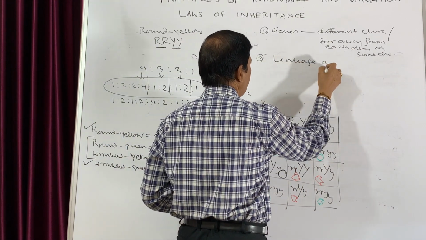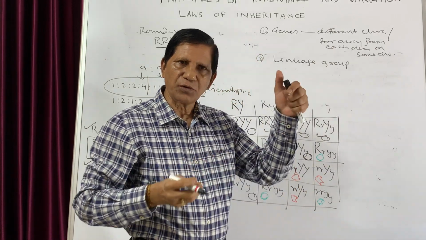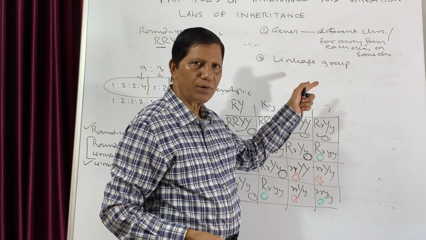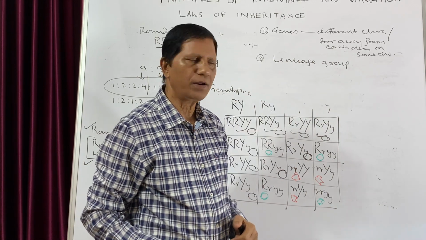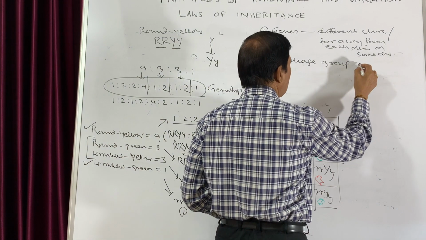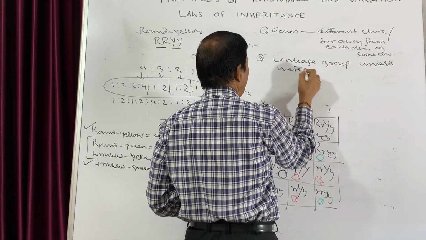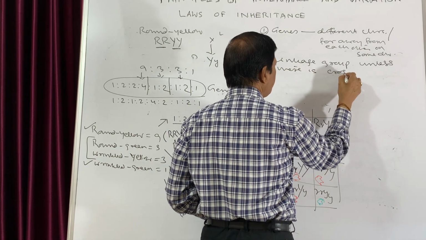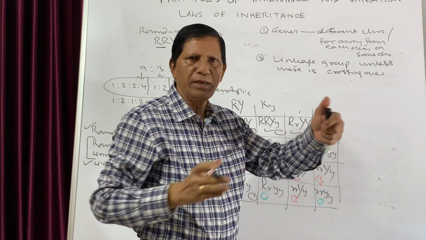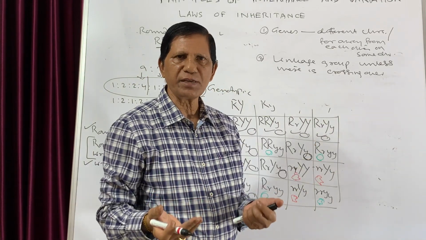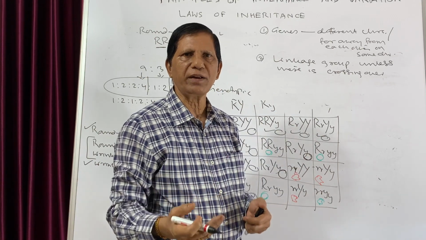So all the genes are linked together and form a linkage group, unless there is a crossing over. If there is crossing over when genes are placed far apart, they can be separated. Otherwise, all of them are inherited together to the offspring in the form of a group.